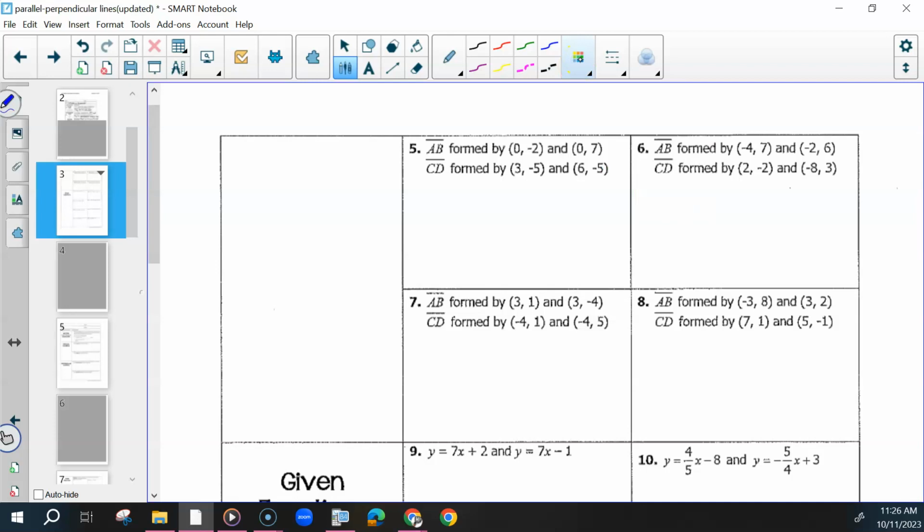Alright, so I'm going to rewrite the formula up here just in case we need it, so we're not flipping back and forth. Let's do our AB, x1, y1, x2, y2. We have 7 minus a negative 2 over 0 minus 0.